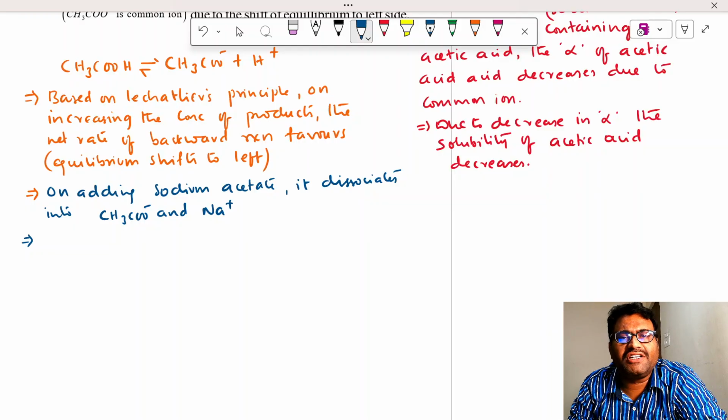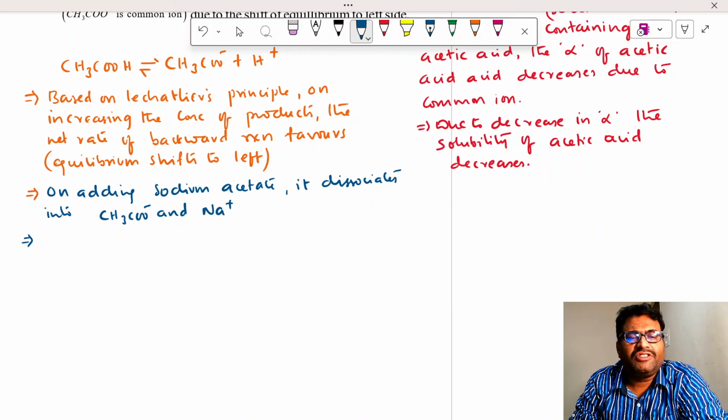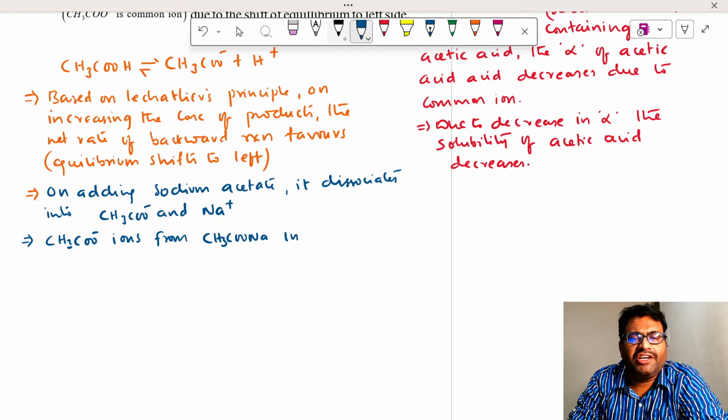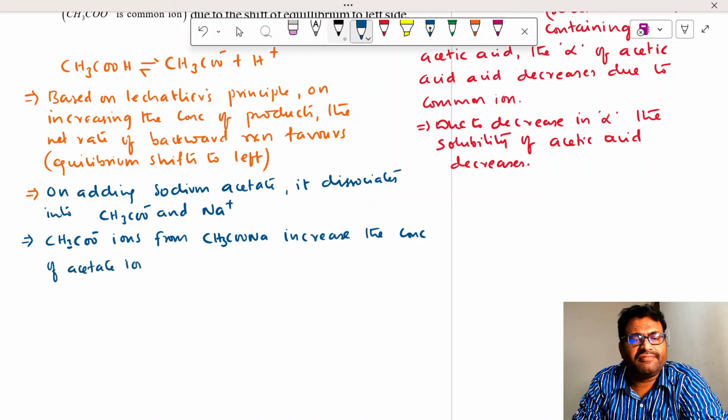The acetate ions from sodium acetate increase the concentration of acetate ions.